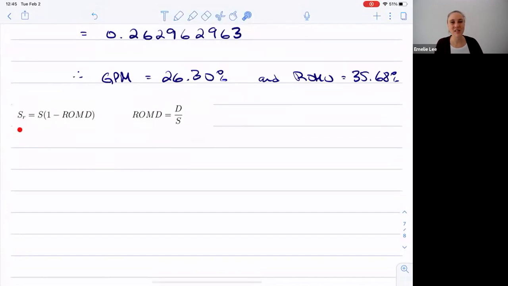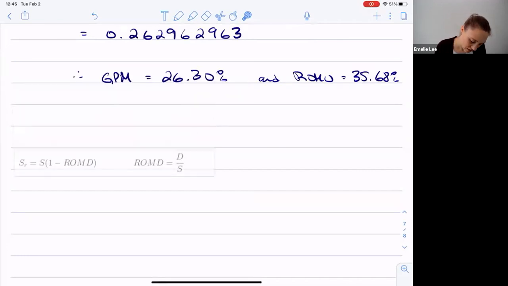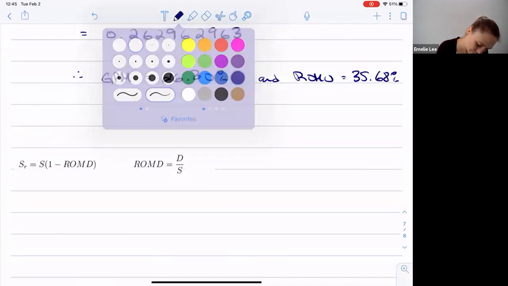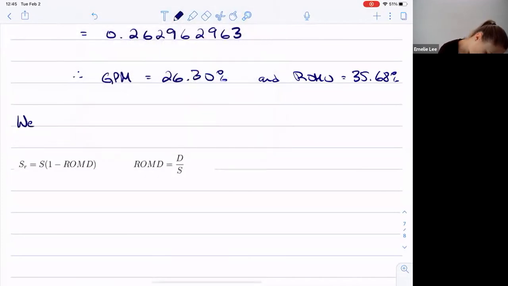Let's just talk about what each of these variables are. So S subscript R is the reduced selling price. We can also talk about markdowns.